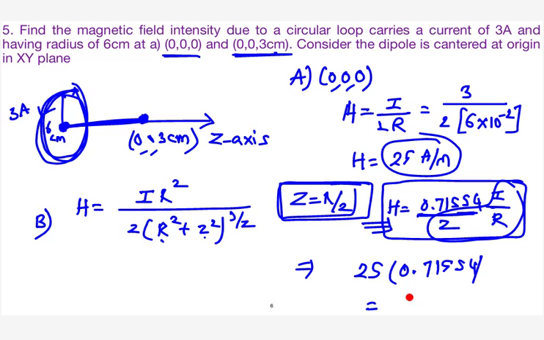So you can see that. Any questions? You can cross check. This is the value I was getting. Correct.